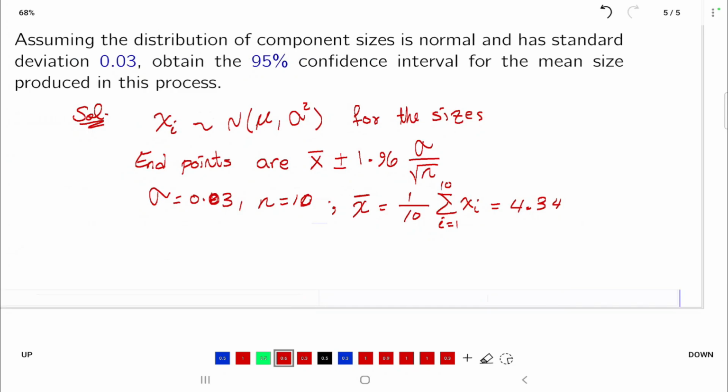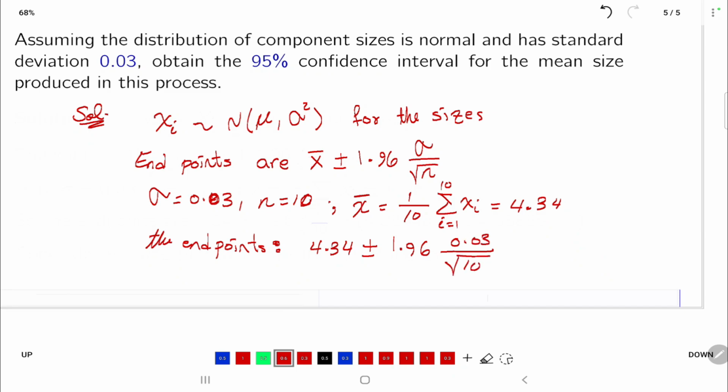So the endpoints, now the endpoints from this equation will be x bar is 4.34 plus minus 1.96, sigma is 0.03, and n is 10.